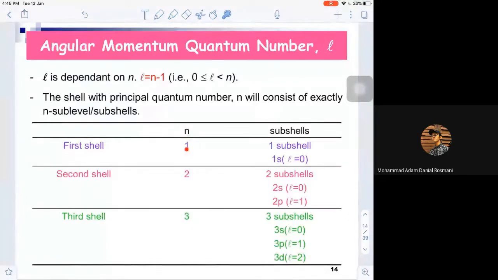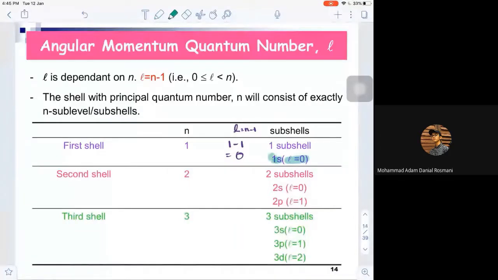When n is equal to 1, the L value will be 1 minus 1, because L is n minus 1, starting from 0. 1 minus 1 is equal to 0. So when L is equal to 0, we know that it is an S orbital, and the name of the orbital will be 1s.